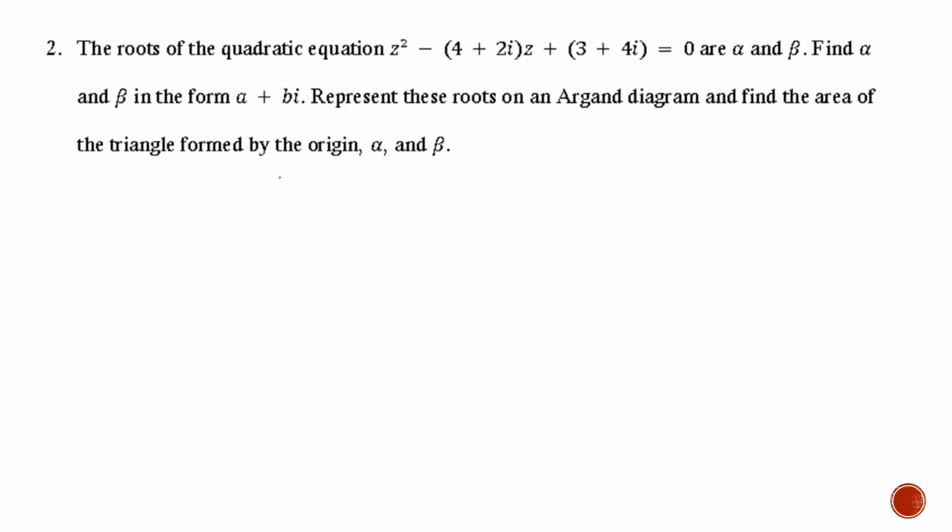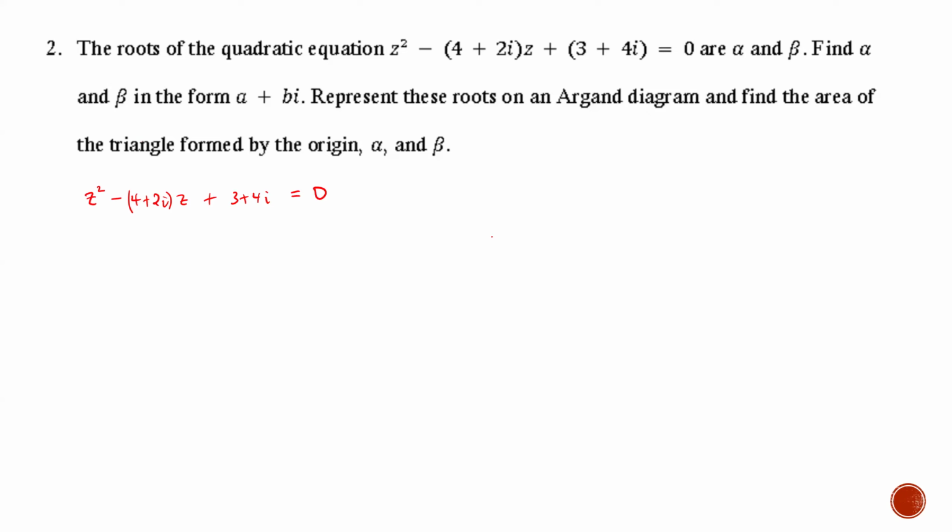Now, the easiest way to solve a quadratic equation is to really just use the quadratic formula. And so using the quadratic formula is exactly what we're going to do. So z squared minus (4 plus 2i) times z plus 3 plus 4i is equal to 0 is the quadratic equation that we're dealing with.